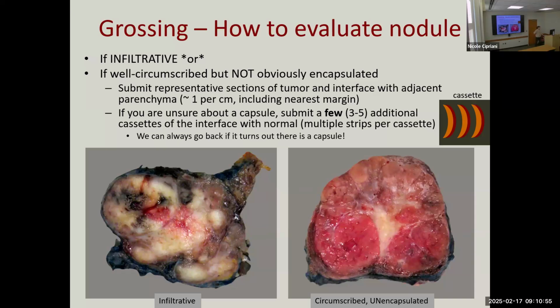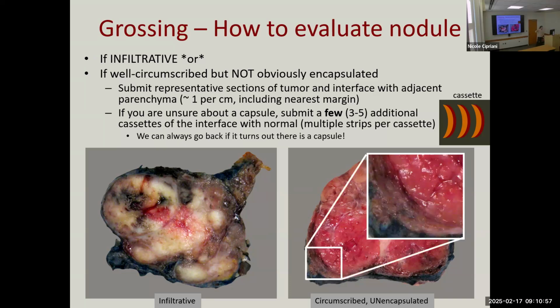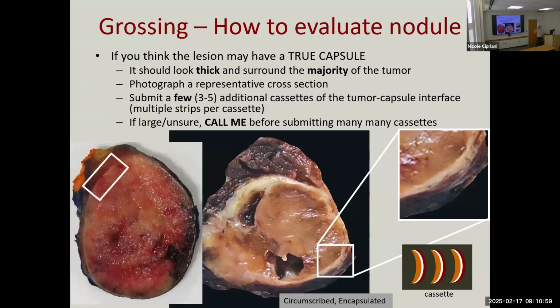When we talk about taking sections of the periphery, what do we mean? When we want to evaluate for capsular invasion, you want to be able to see the normal, the capsule, and the lesion, at least in these kind of semi-moon shapes, right? So if you want to put a few of these in one cassette, that's fine.